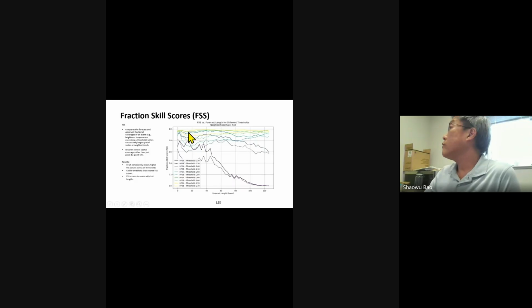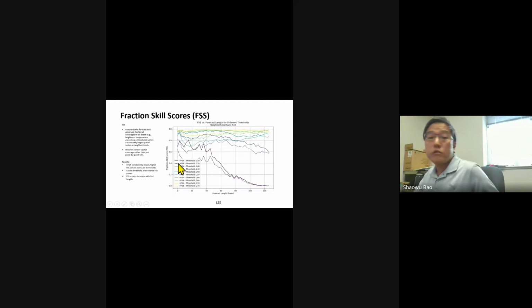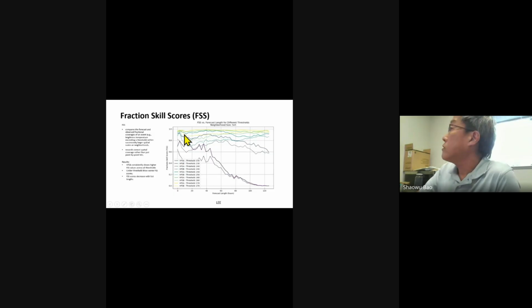So from this figure, you can see for all the thresholds, the solid lines have a higher score than the dashed lines, the yellow, the green, blue. So that indicates that the HAFS A is having a better neighborhood matched structure than HAFS B for all the thresholds.